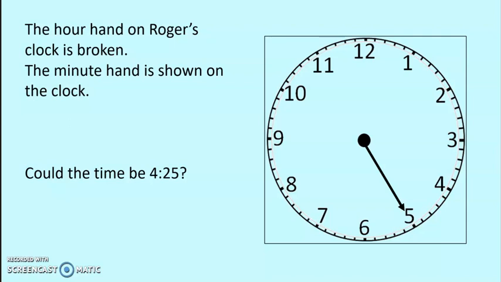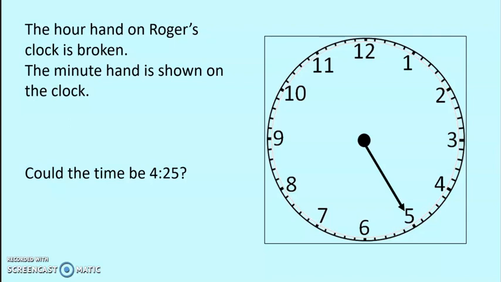Well, that hand looks pretty long, and we know that the longest hand is the minute hand, because our quick trick is that the word minute is much longer than the word hour, so the minute hand is the longest hand. If the time is 4:25, is the minute hand pointing at the 5?